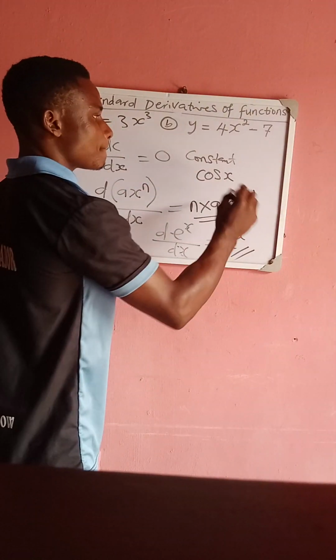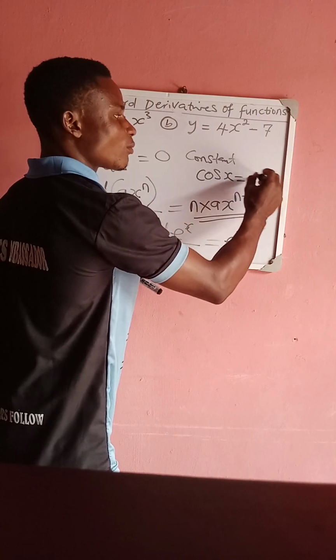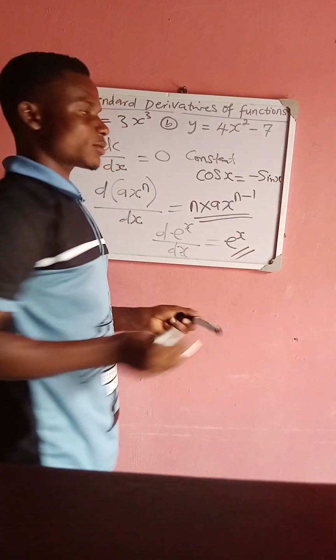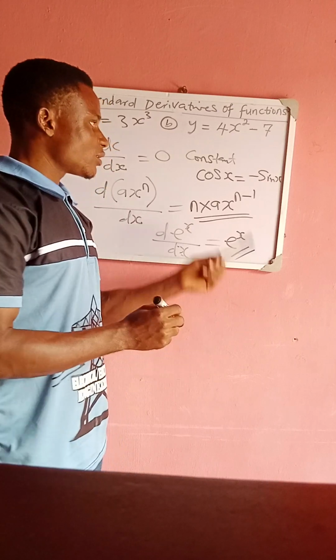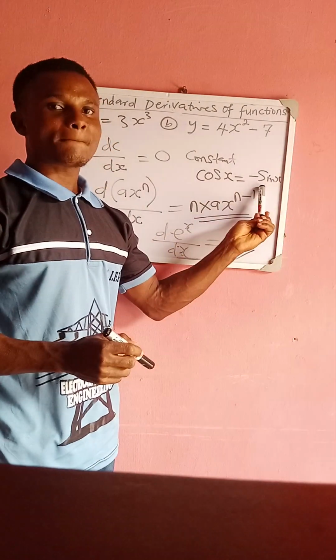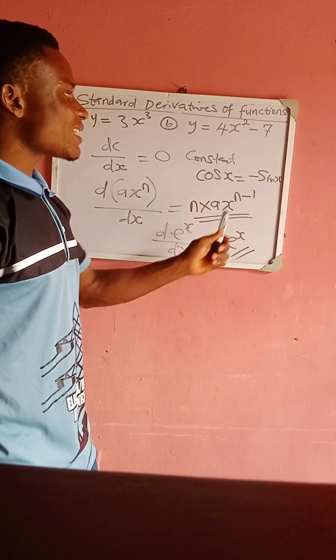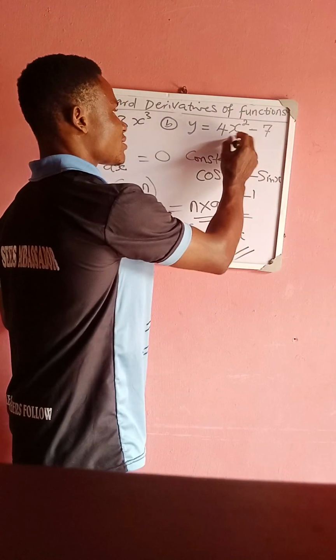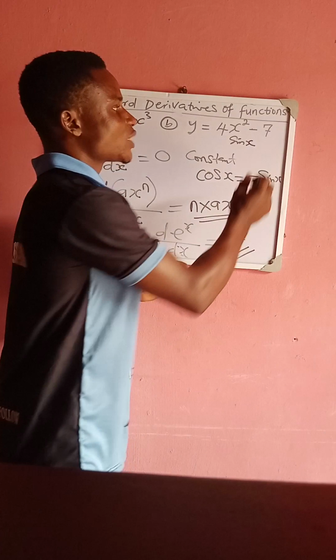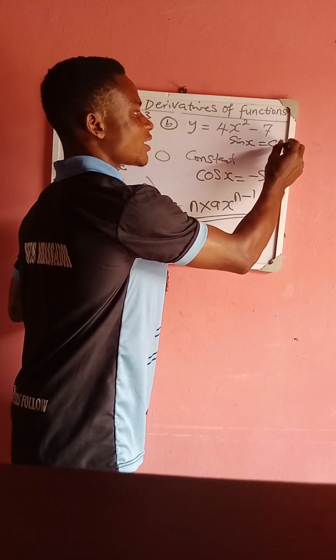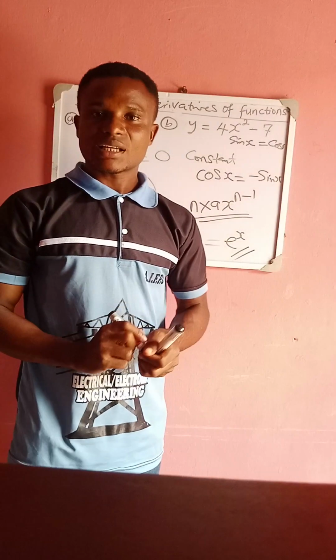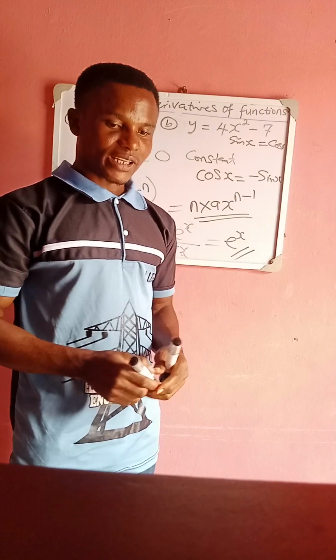It will give you minus sine x. When you differentiate cos x, it will give you minus sine x. But when you differentiate sine x, it will give you cos x. So that is how it is done in differentiation.